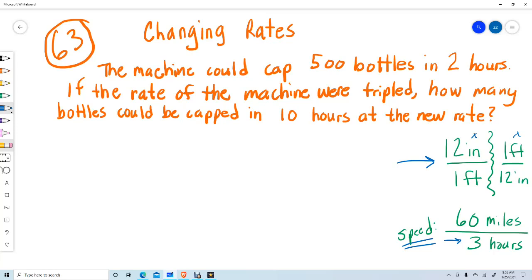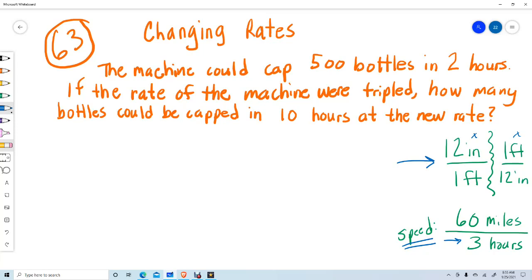Here I have a rate of speed, 60 miles per 3 hours, but typically we don't like to see that with 3 hours on the bottom. It's always good to have a single unit of time, so we don't say, I'm driving 60 miles per 3 hours. We would say, I'm driving 20 miles per 1 hour, or I'm talking at 1,000 words per 1 minute.